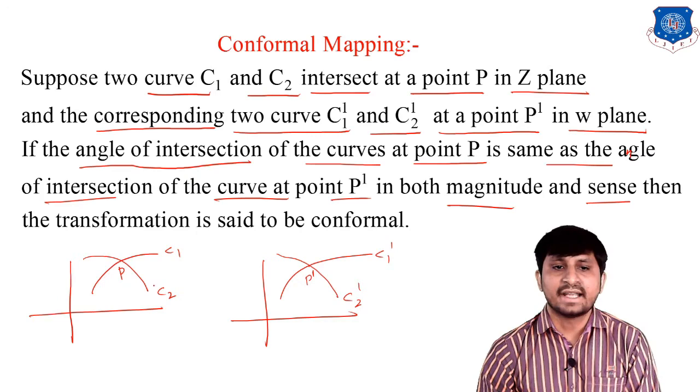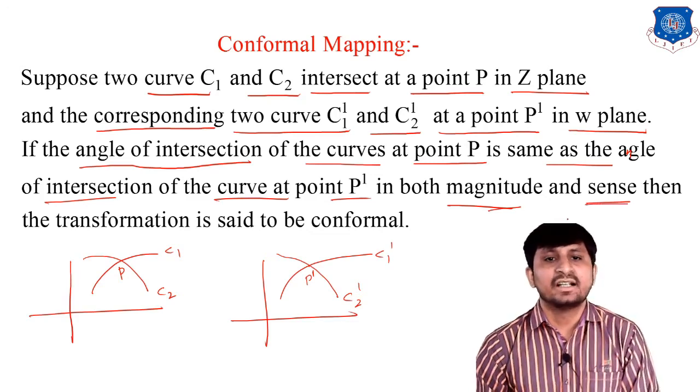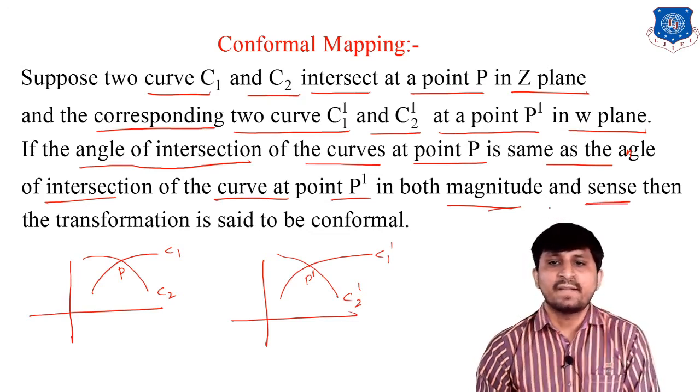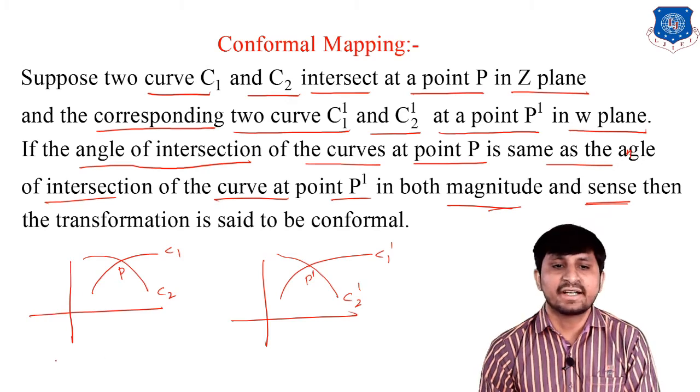Then if the angle is preserved in magnitude and sense, we can say that it is conformal mapping. Clear? So don't forget, this is my Z plane and this is my W plane.